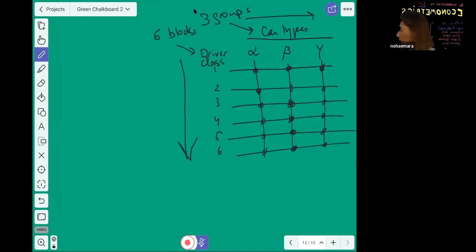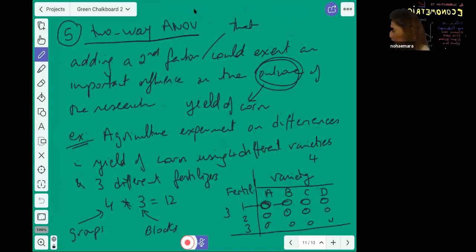So when you look at this example or the other example, it doesn't matter, you know that we have groups and we have blocks. In other words, groups if I'm moving horizontally, and blocks if I'm moving vertically.